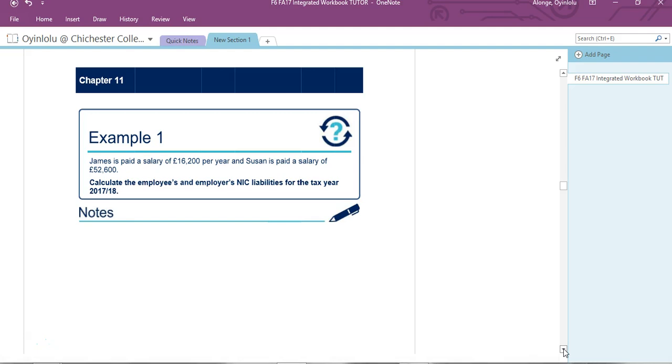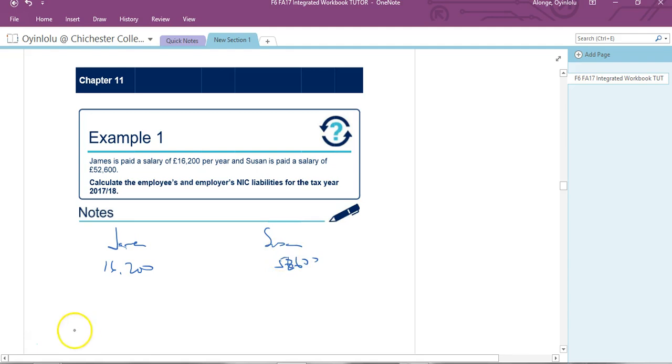So what do we have here? It tells us we have a character called James, and we have Susan. James gets a salary of 16,200, and Susan gets 52,600. Sorry, let me just get my calculator.